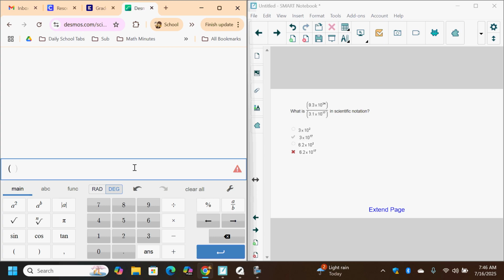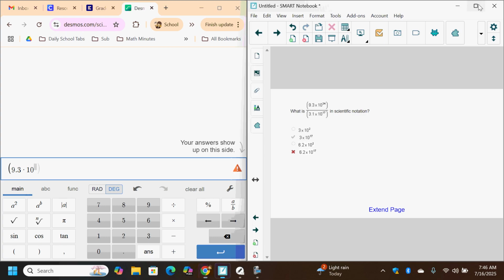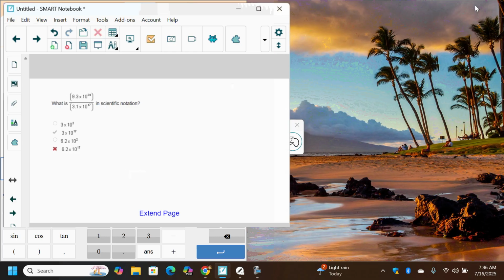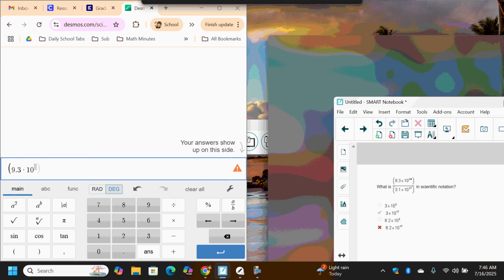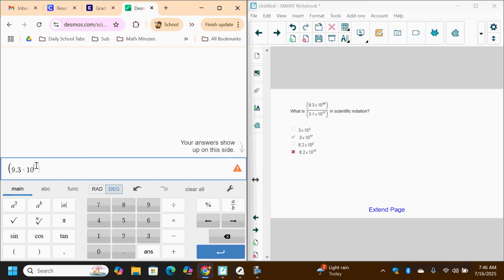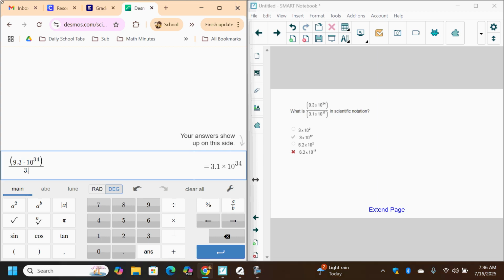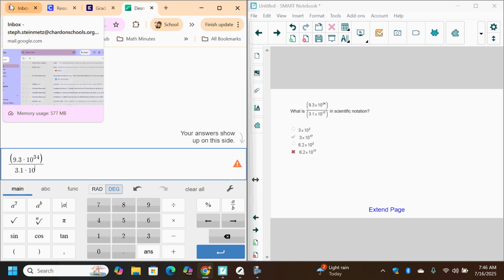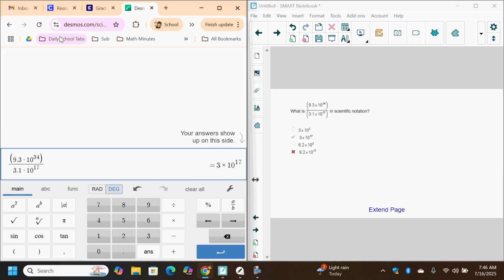But because we have these handy dandy calculators, make it bigger to see. It'll divide it for us, and it gives us 3 times 10 to the 17th.